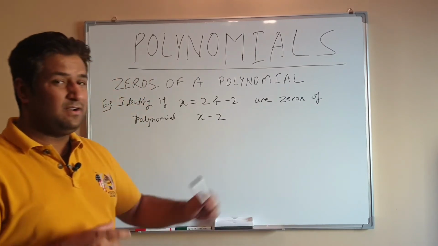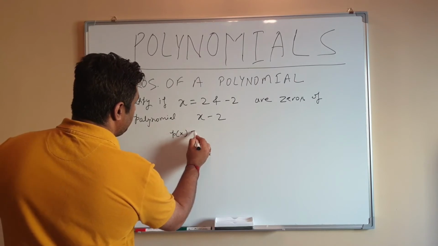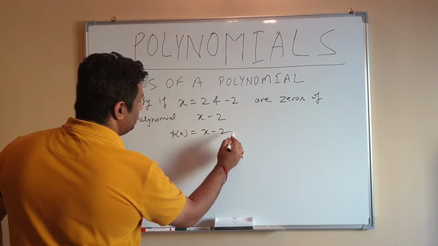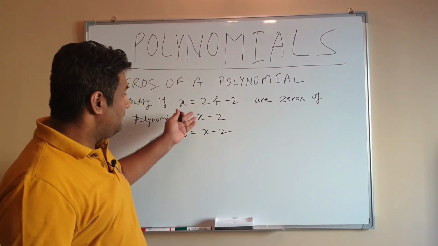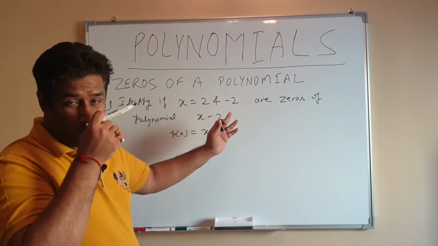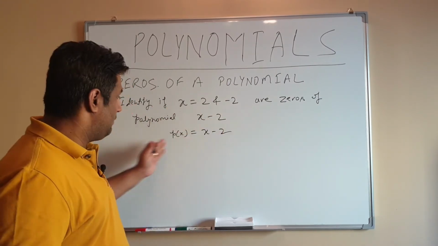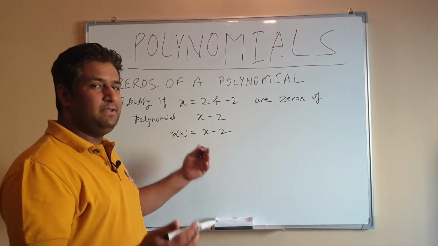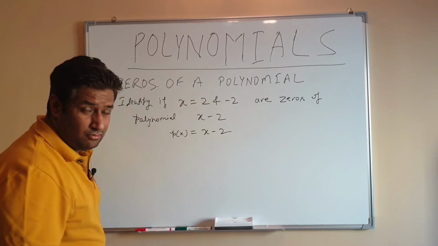So the polynomial term here is x minus 2, so that means your p(x) is going to be x minus 2. Okay, so basically you have to find the value of this polynomial at x is equal to 2 and at x is equal to minus 2, and at which value the whole term becomes 0 will be the 0 of the polynomial.